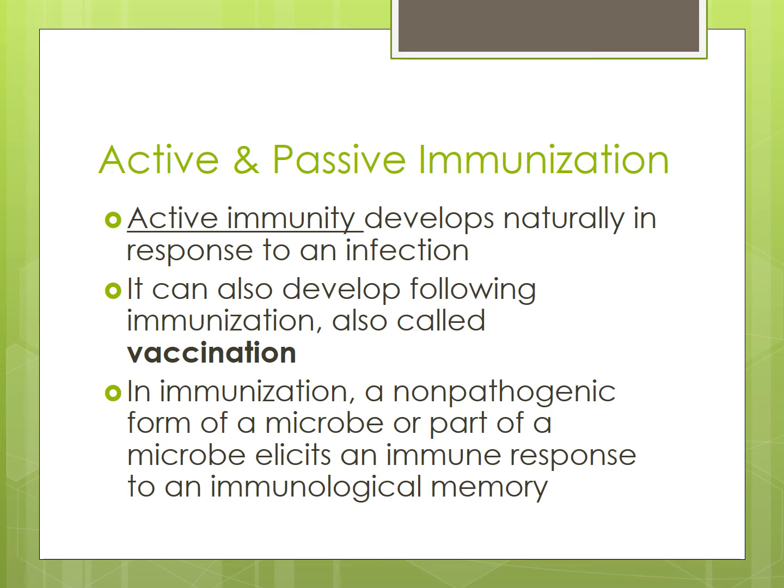But that's actually the best way for the vaccine to work, because you're actively fighting this pathogen. And so by giving you this non-pathogenic form of the microbe, it allows your immune system to fight and start to build that immunological memory. So if you do come in contact with it, then now you're in that second round instead of the initial round.